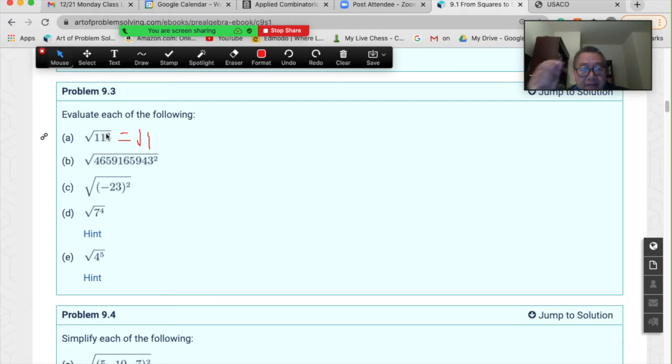If you have square and square root, then they cancel out. So you only get this 11 here, because 11 squared is 121, then the square root of 121 is 11. So when you have square and square root, these two operations cancel out. You just have 11 there. Okay? So now, can you do B?